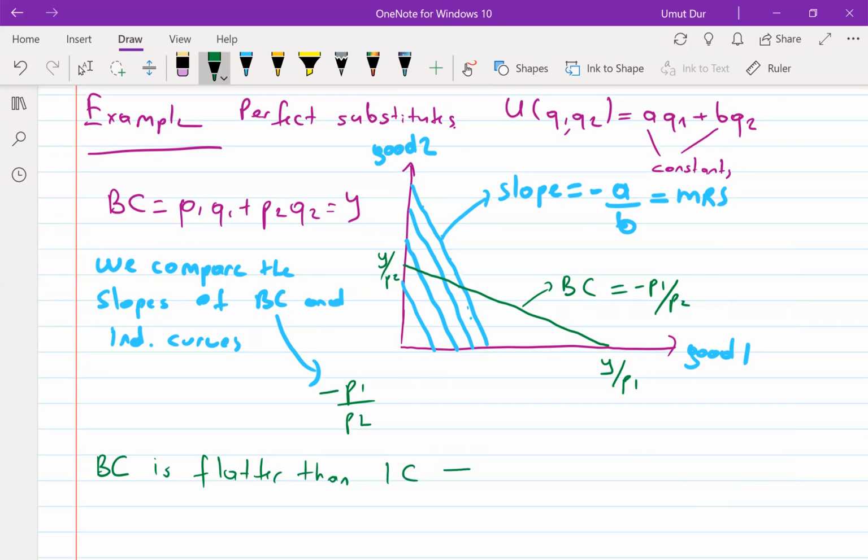Which corresponds to the following case: in absolute value, the MRS, which is a over b, is greater than, in absolute value, P1 over P2. So this case corresponds to the budget constraint being flatter than the indifference curve.